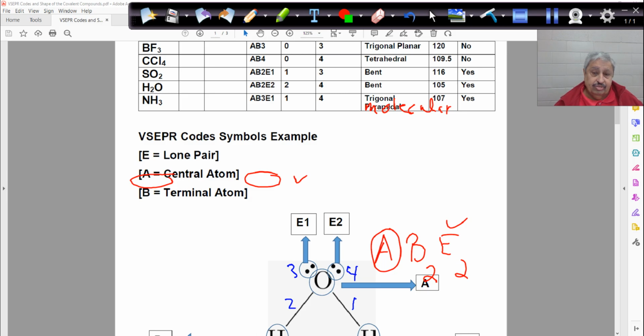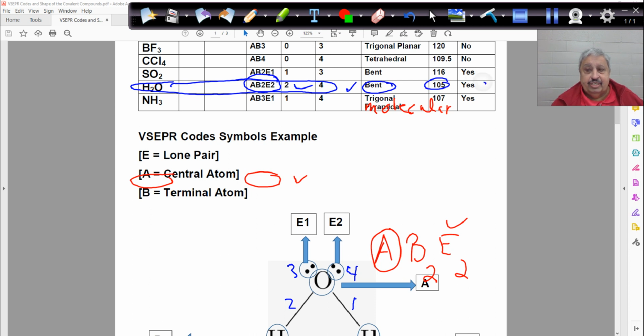So we come back and look at our code here. It's 4 zones, 2 lone pairs, 4 zones or units or groups. And this is the code here. And the shape of it has to be bent. The angle of this bent is 105.